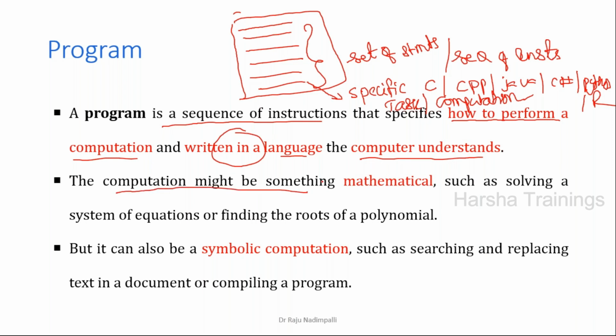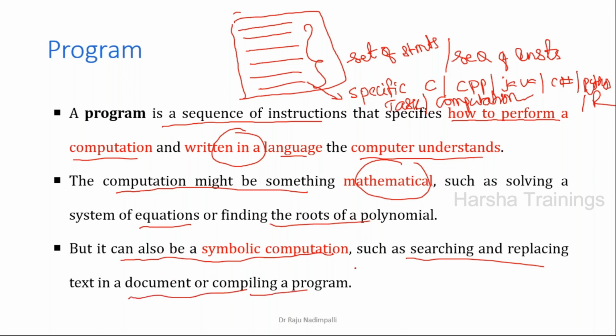The computation might be mathematical, such as solving a system of equations or finding the roots of a polynomial. But it can also be symbolic, such as searching and replacing text in a notepad document or compiling a program. Anything can become the outcome of a program.